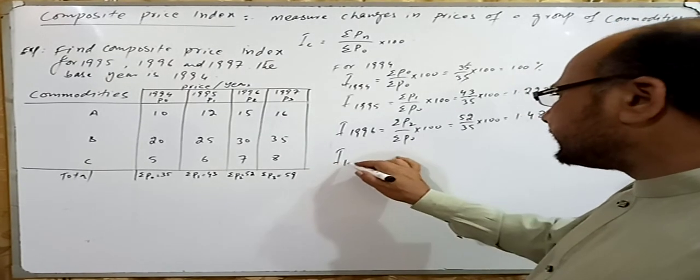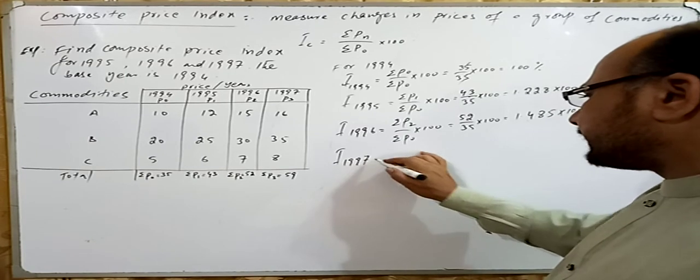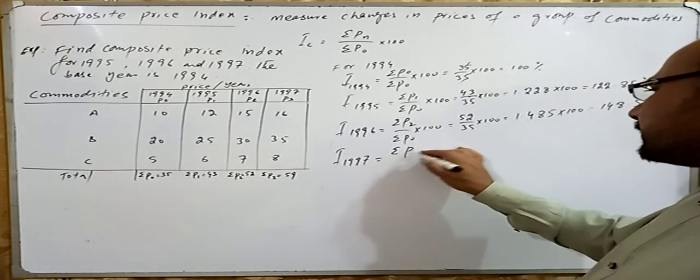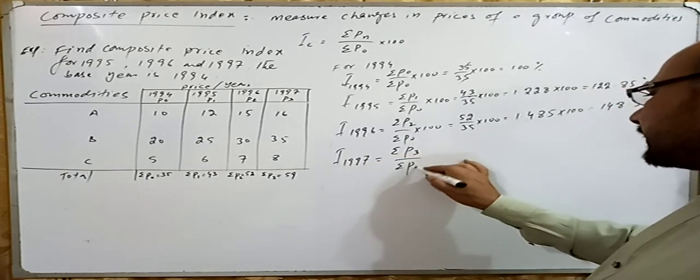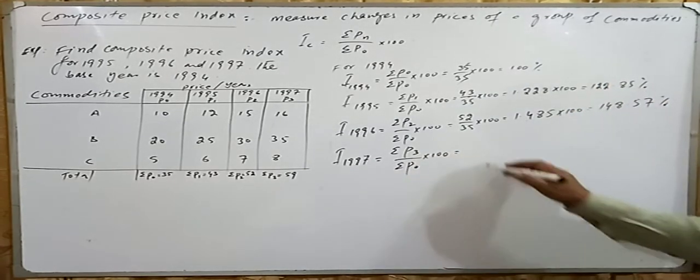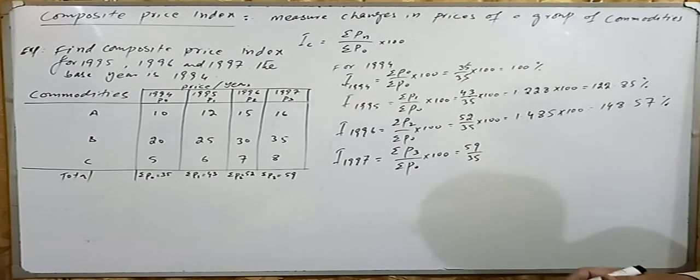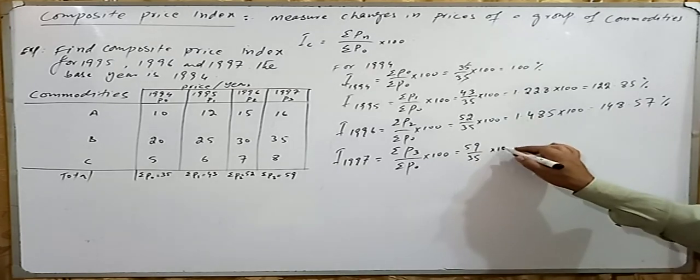Then for the next year, 1997, not 1996, summation of P3 over summation of P naught multiplied by 100. Summation of P3 is 59, and P naught remains the same, 35, multiplied with 100.